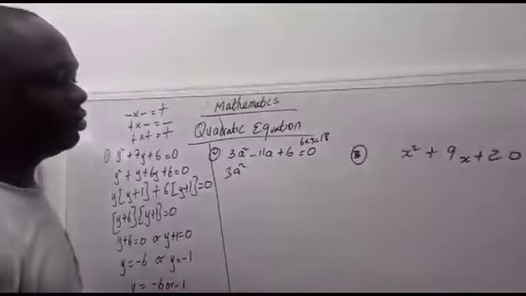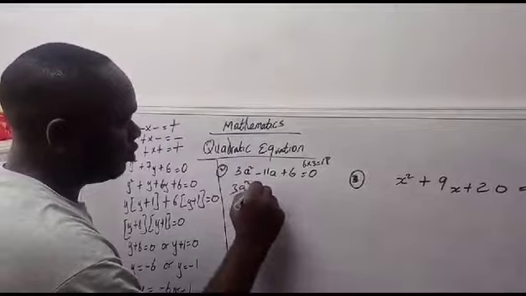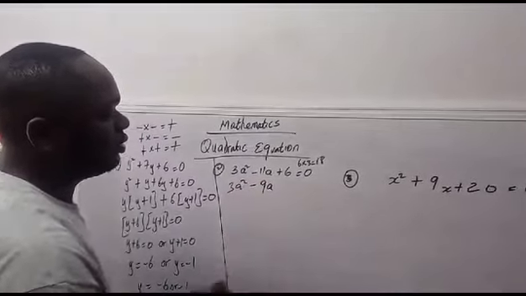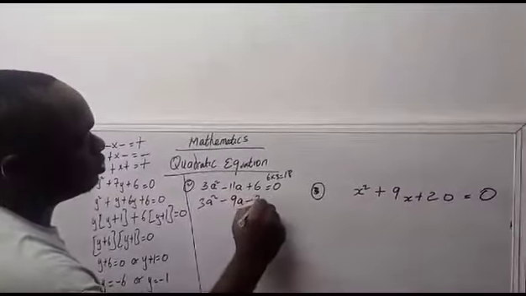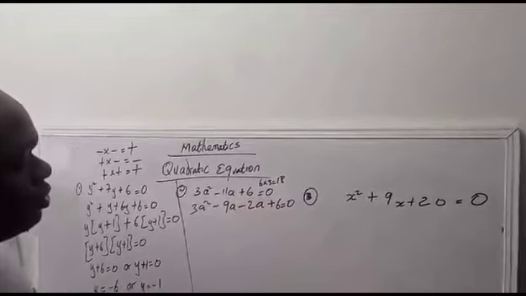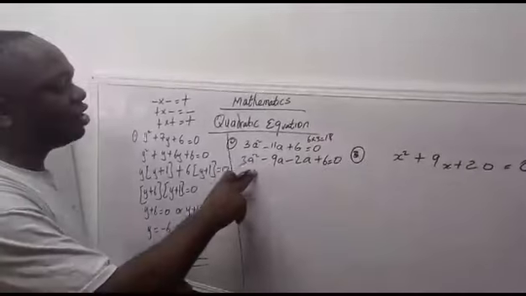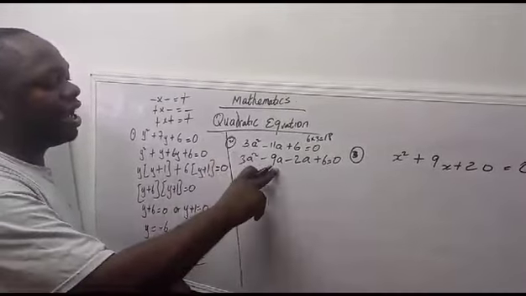Okay. Now we're using 3a squared minus 9a minus 2a plus 6 equals 0. Okay. Now, what is common between 3a squared and 9a?